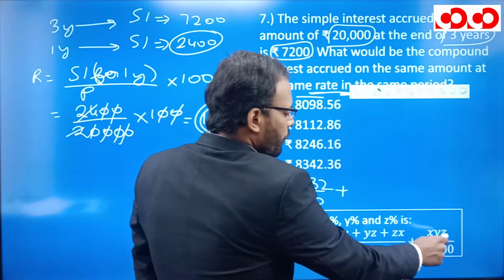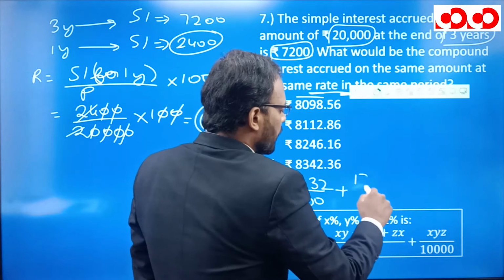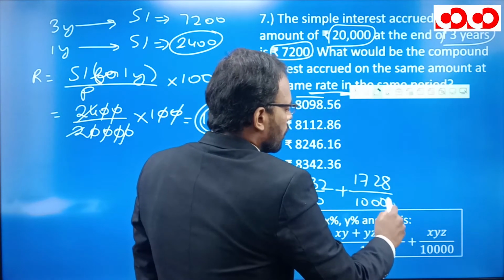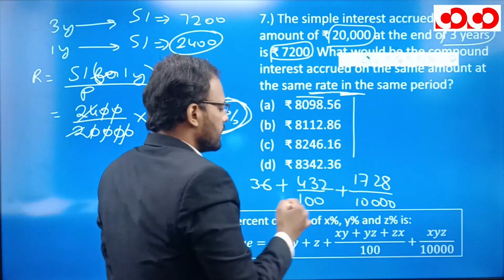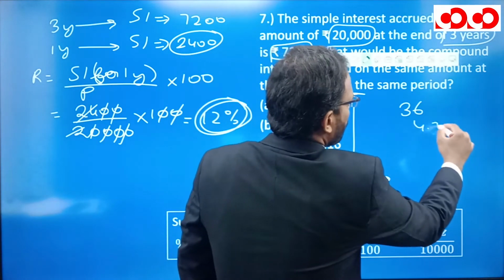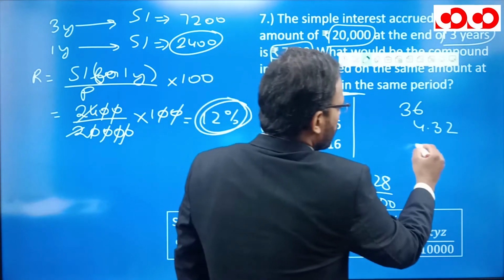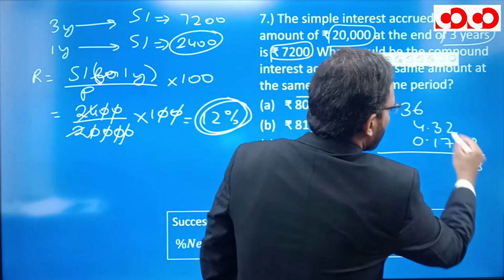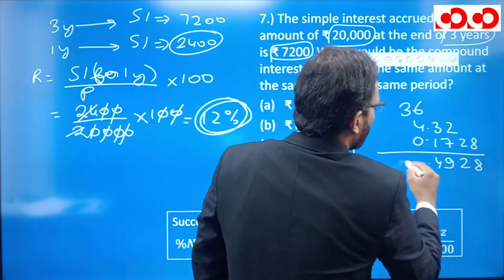Plus 12 cube, 12 into 12 into 12 is 1728, divided by 10,000 gives 0.1728. If I add it, I'll get 40.4928.